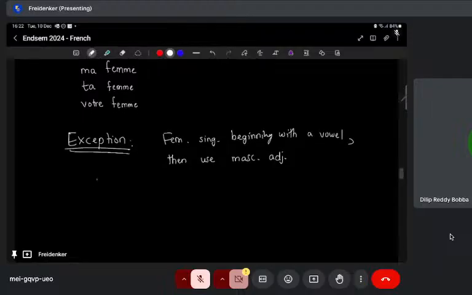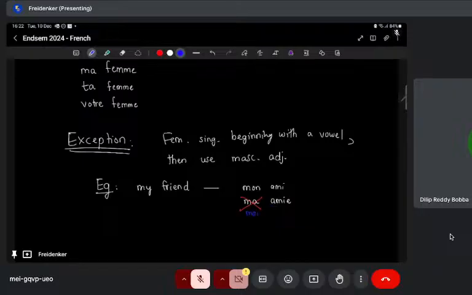So, for example, if you want to say my friend, if the friend is male, you can simply say mon ami, right? If the friend is female, then you have to add an extra e, and you might want to say ma amie because amie is female. What the exception rule says is you can't write ma. Since the feminine singular word begins with a vowel, you have to say mon amie here as well. So you're using the masculine form for a feminine word. That is the exception. That's why you will use a masculine adjective.